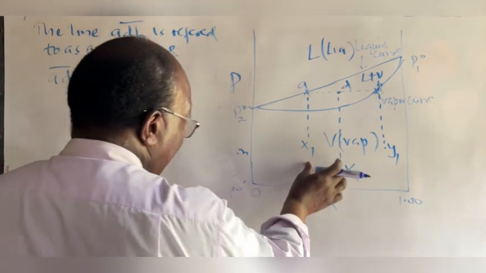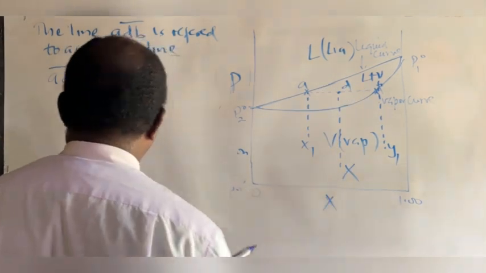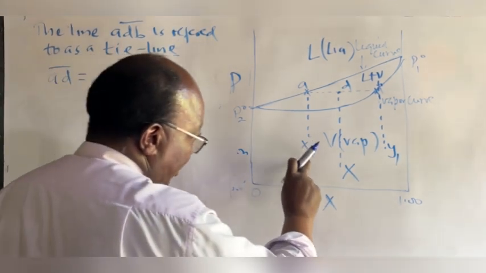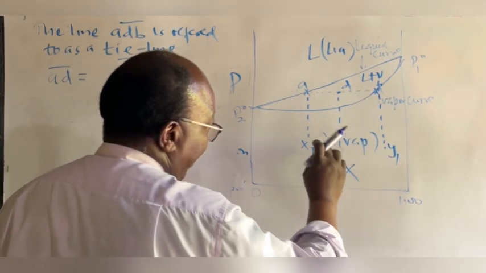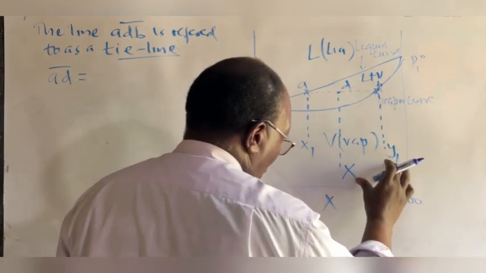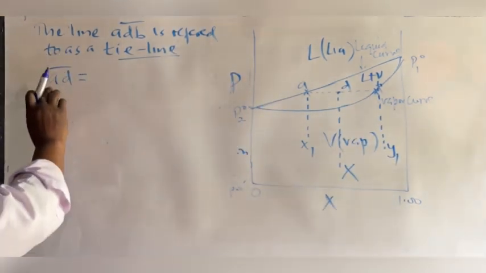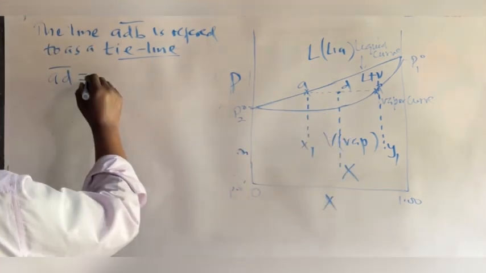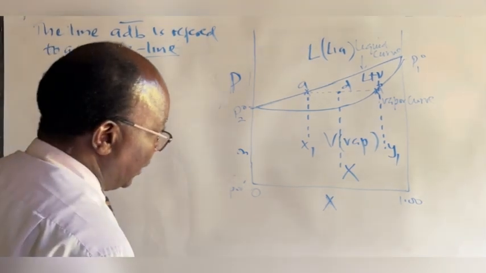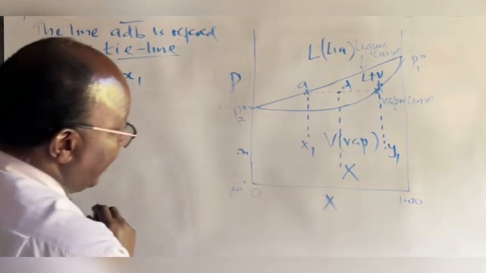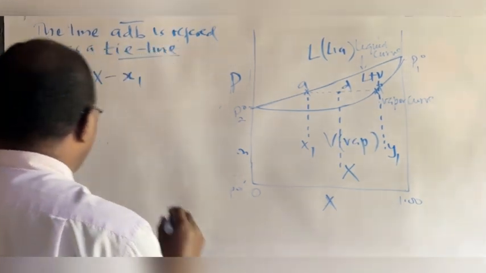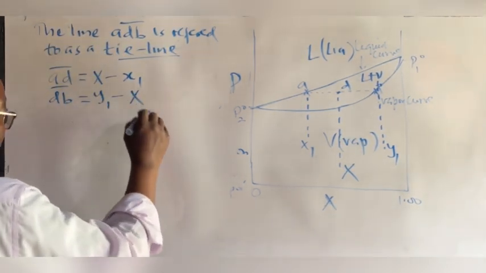Then, in terms of the length of this segment, we can express this length of segment AD in terms of these mole fractions, just like you can express the segment DB in terms of those two mole fractions. Now, AD is simply X minus X1, and the segment DB is simply Y1 minus X.